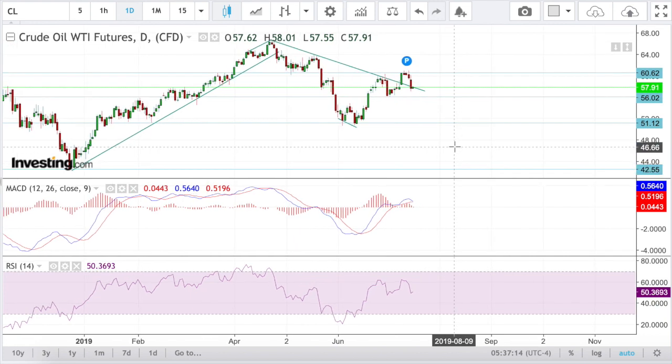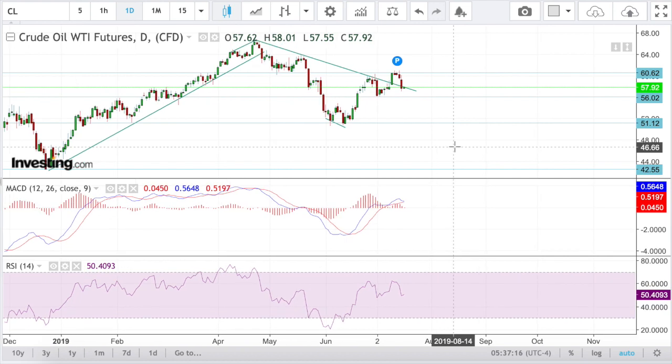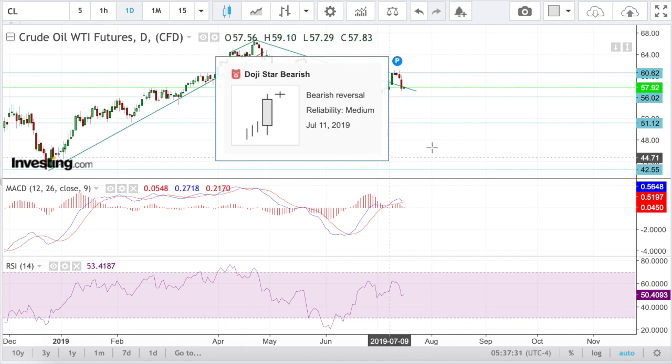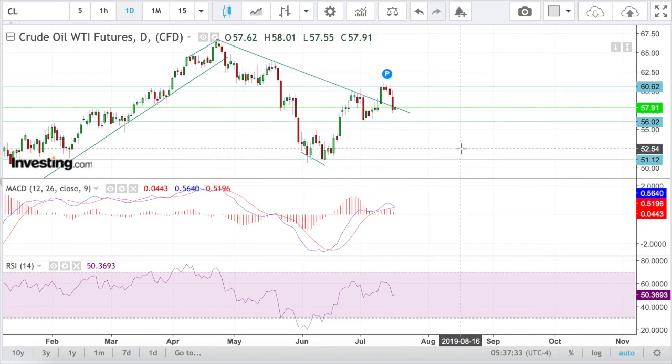So crude oil is very complicated in that sense. I wish it was just completely uncorrelated to the market, and that would enable traders to trade it separately to the markets and not have to consider both of them at the same time. But unfortunately, that's not the case.